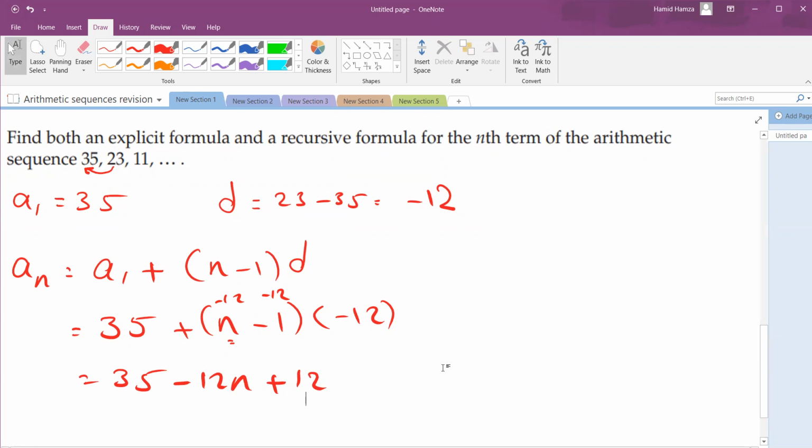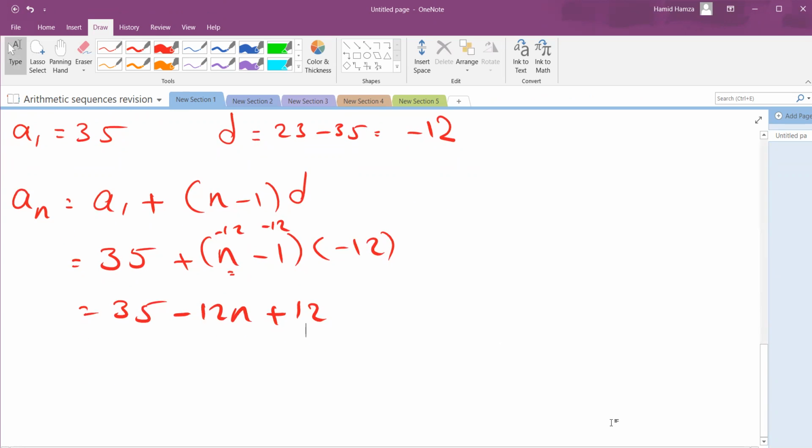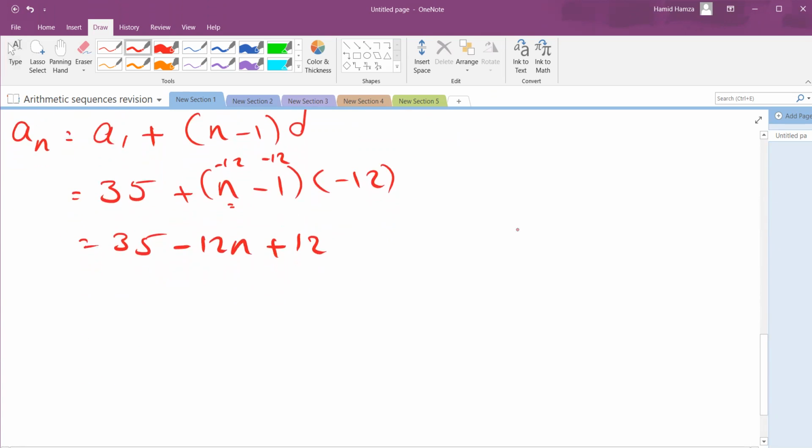Combine like terms, so an will equal 35 plus 12, which is 47, minus 12n. This is the explicit formula.